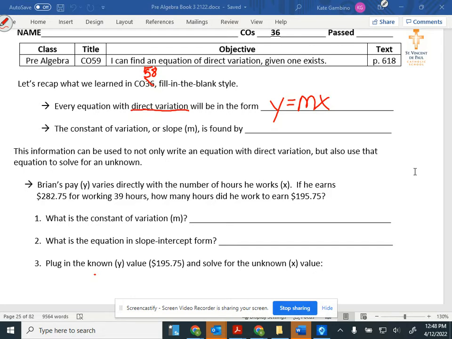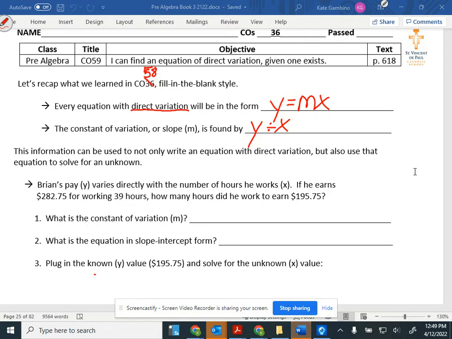So the constant of variation, the slope, m, is found how? David? Y divided by x. So, love that we know our slope-intercept form, y equals mx plus b.